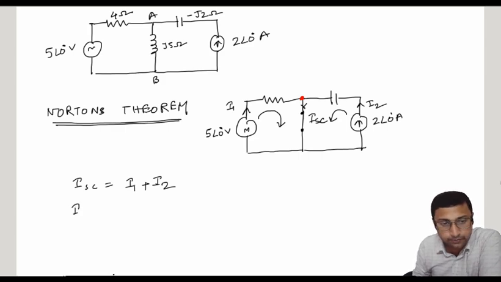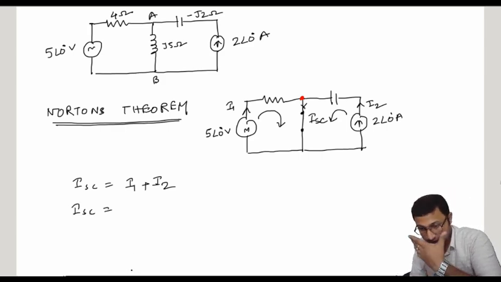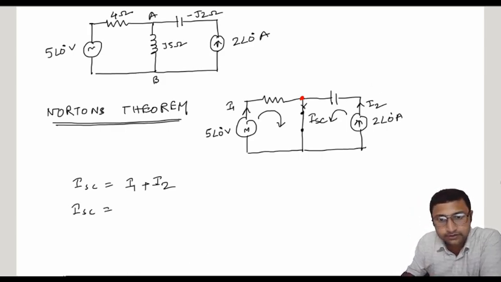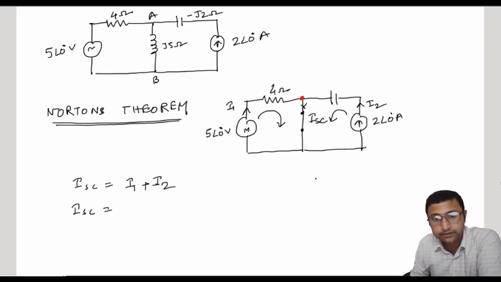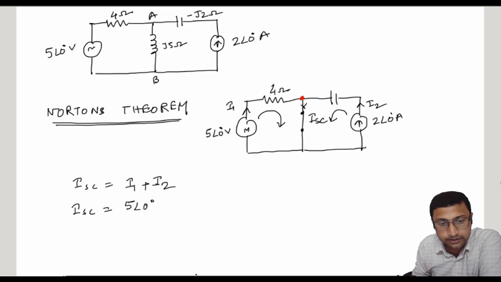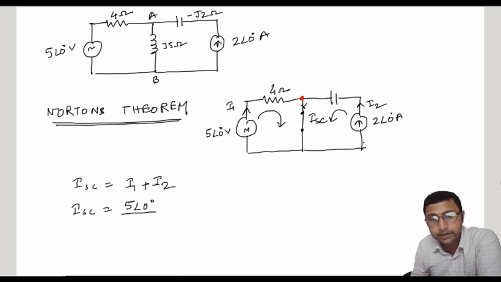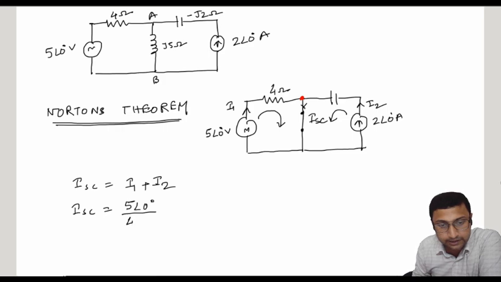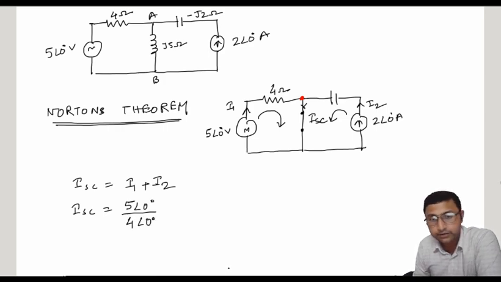So what is your I1? I1 will simply be voltage divided by impedance, that means 5 at an angle 0 divided by the 4 ohm, which is 4 at an angle 0 degree.